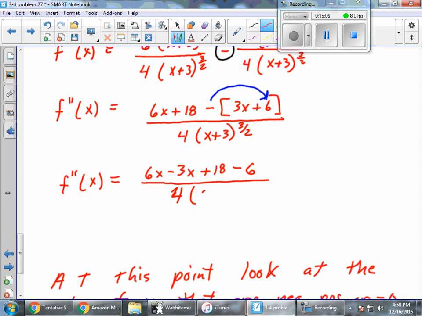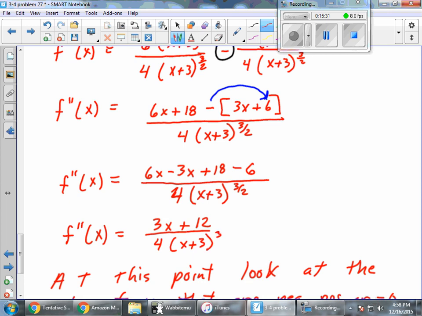Nice 4. 4 times x plus 3 to the 3 halves. And then that f double prime of x equals 6x minus 3x is just 3x. Got ahead of myself there. 3x plus 12 over 4 times x plus 3 to the 3 halves.